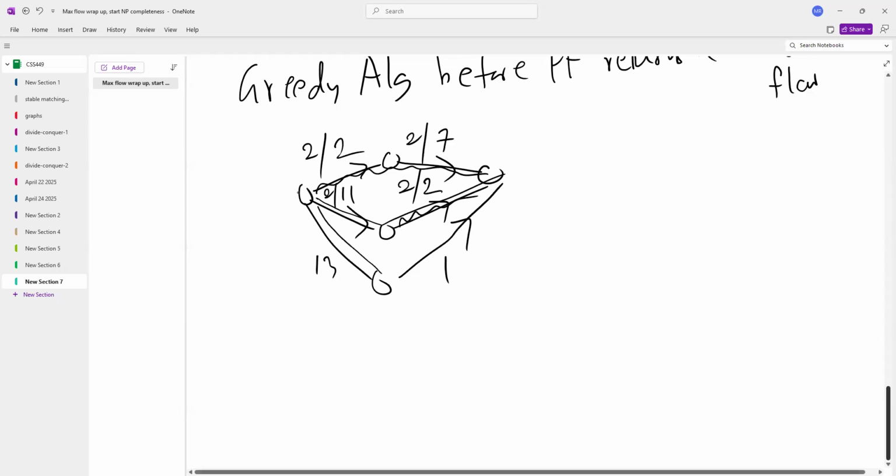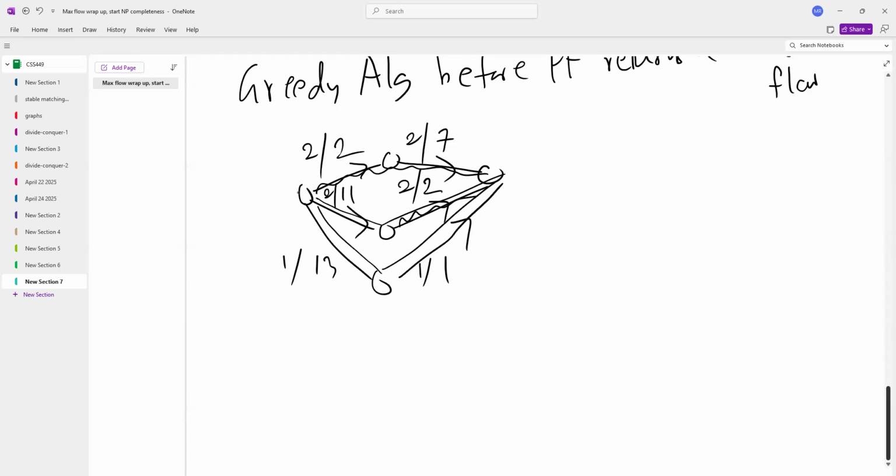And then next time I run this, I'm going to saturate one of these, right? So every time I find a path, finding that path takes order of m time.